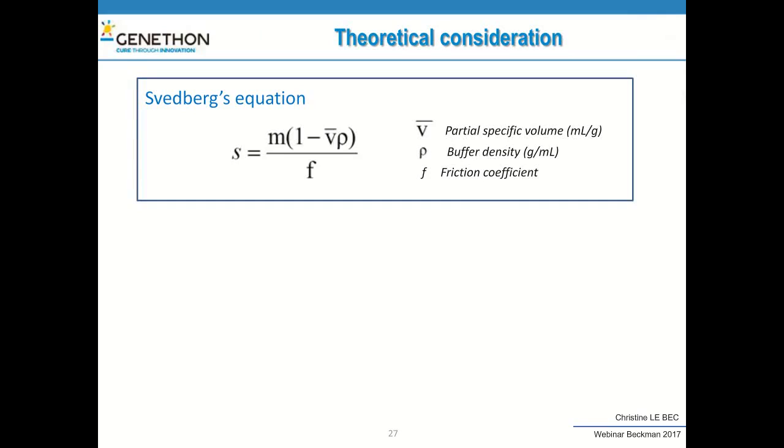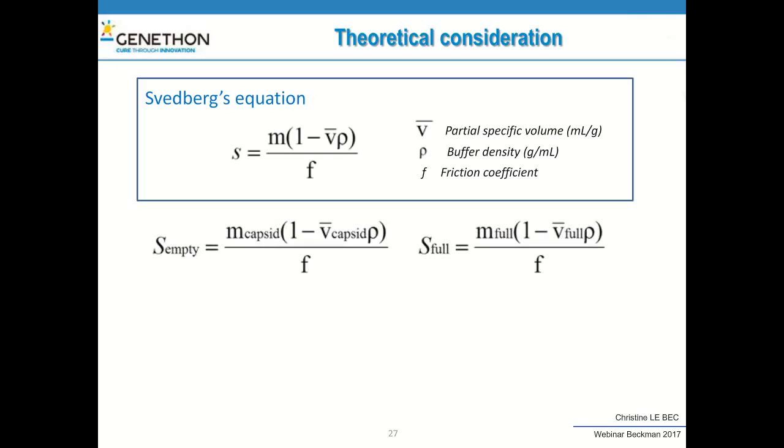If we go to the theoretical consideration and go back to the Svedberg equation, what does the S value mean? The S value depends on the mass of your particles, on the V bar of your particles, and on the friction coefficient of your product. So the S value of the empty particles only depends on the mass of the capsid and the V bar of the capsid.